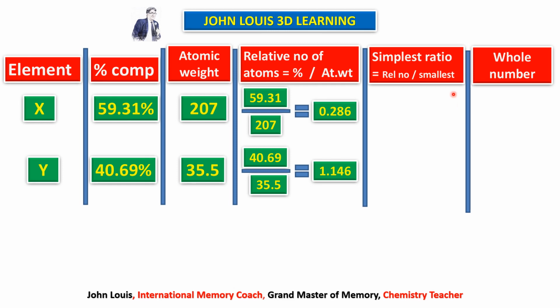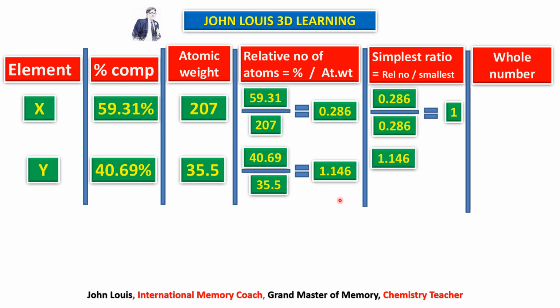Therefore, in order to find the simplest ratio, we need to take every value and divide it by the smallest value here. This one will be 0.286 divided by 0.286, which is equal to 1. And this one, 1.146 divided by the smallest value, 0.286, is equal to 4.